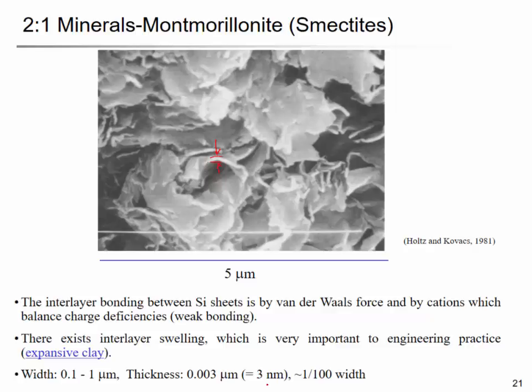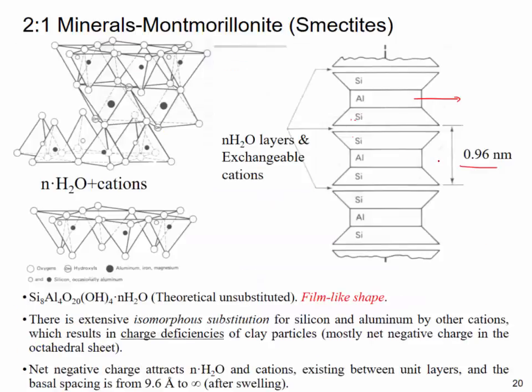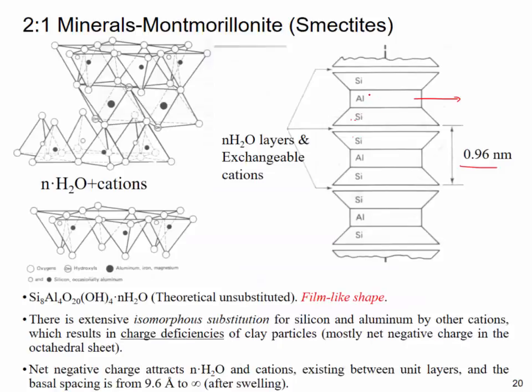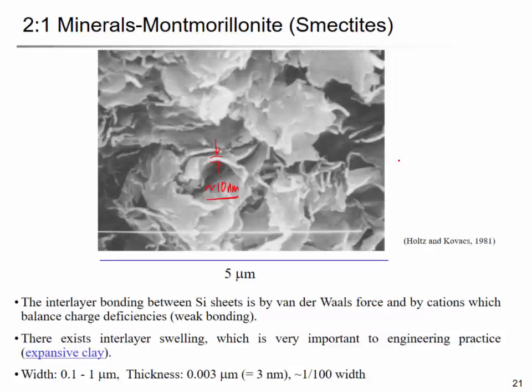I think 3 nanometers is too small, so this will be much larger than that. I think tens of nanometers. Still, this one is a stack of these basic units. Okay? So far, we don't have the technology to look at the interlayer between the montmorillonite.